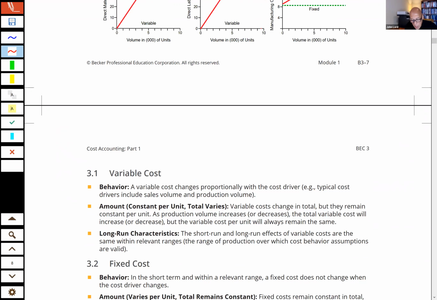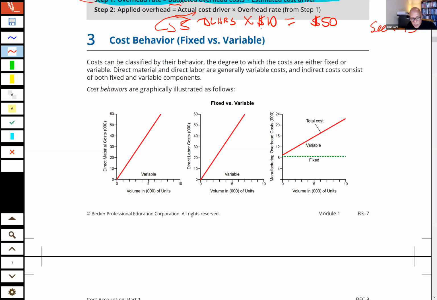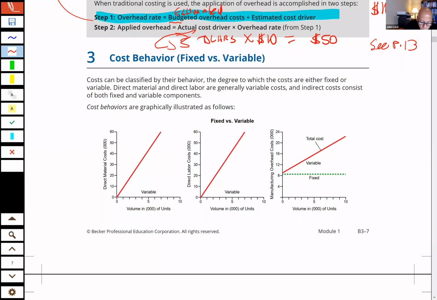Okay, good. Now you come over and you start to look at what they call cost behavior, fixed versus variable. You can see that variable cost goes up as the volume of units goes up. Direct materials and direct labor tend to be our variable costs.